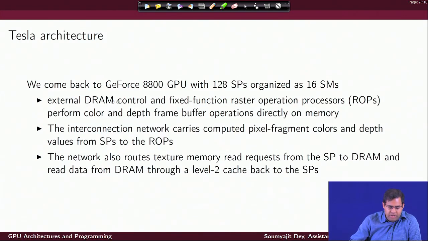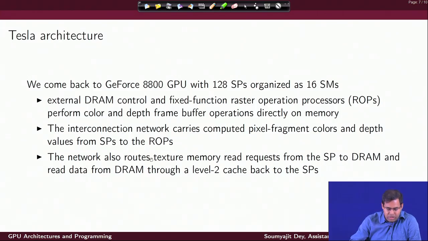so this external DRAM control and the ROPs, they perform color and depth frame buffer operations directly on the memory. The interconnection network carries the output pixel fragment colors and depth values from the scalar processors to the ROPs for doing the fixed function raster operation, and then they get stored back to the memory.